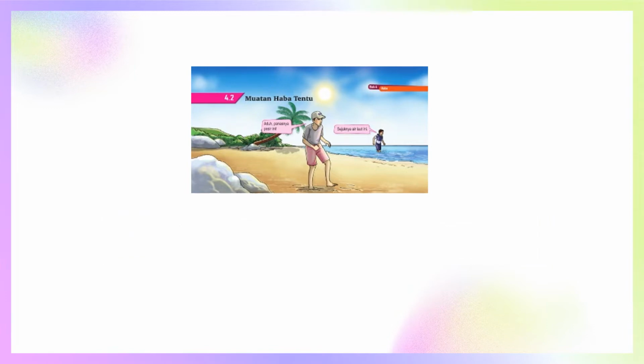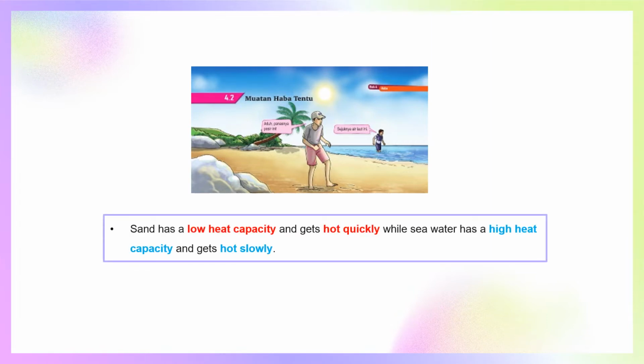From here, I will introduce the sentence for you first. The sand has a low heat capacity and gets hot quickly, while the seawater has a high heat capacity and gets hot slowly. So, the physical quantity that I will introduce first is the heat capacity.